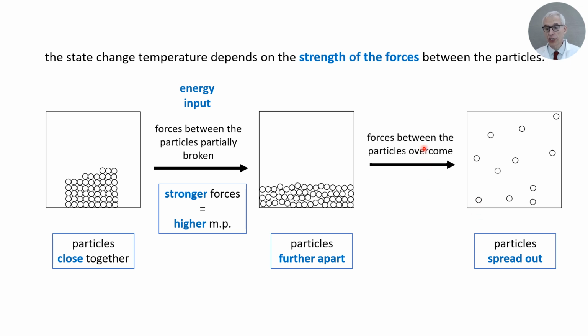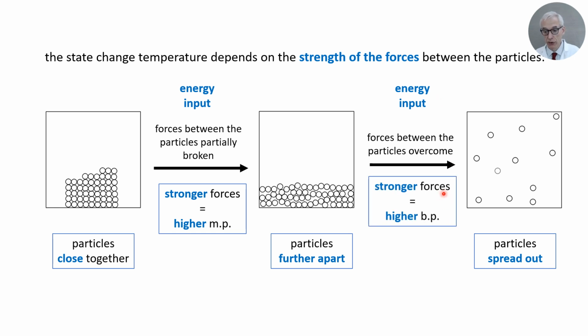That means the forces between the particles have been broken or overcome. That, of course, requires an energy input. The stronger the forces between the particles, the higher the boiling point. Liquid to gas is boiling, so the higher the boiling point.